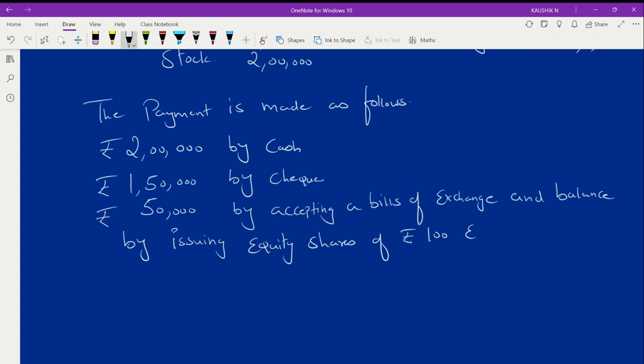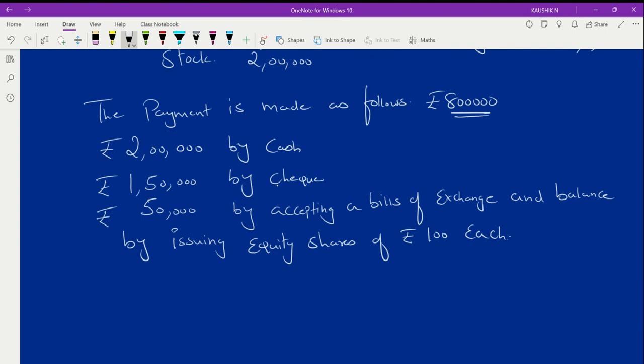So they have given this information. Now you tell me, the payment is made as follows. What is the amount of payment you have to pay? 8 lakhs, right? The amount to be paid is 8 lakhs.